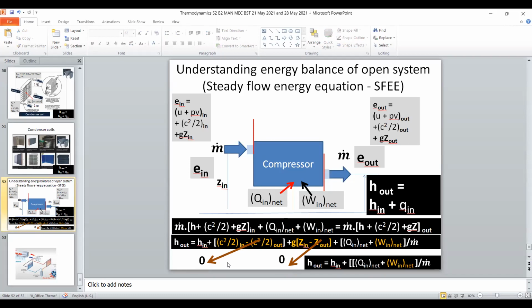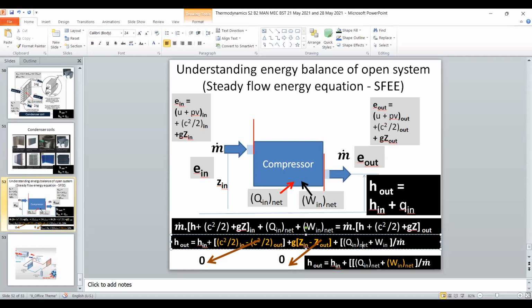Now these two terms are zero. So K win plus W in net. So here for compression, W in net is not necessary, I just put W in.